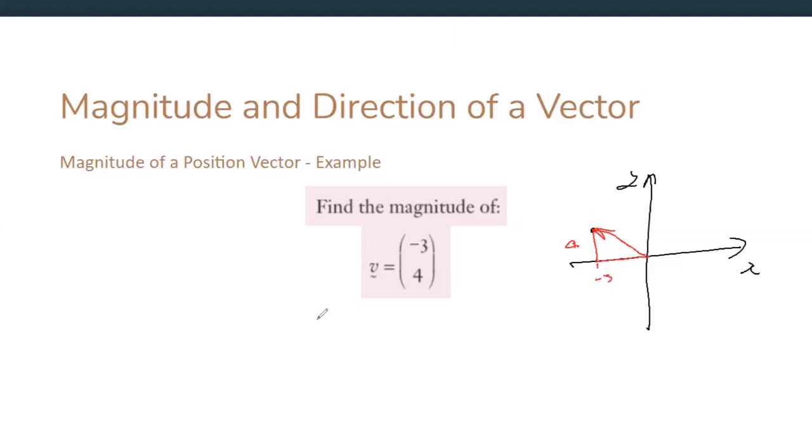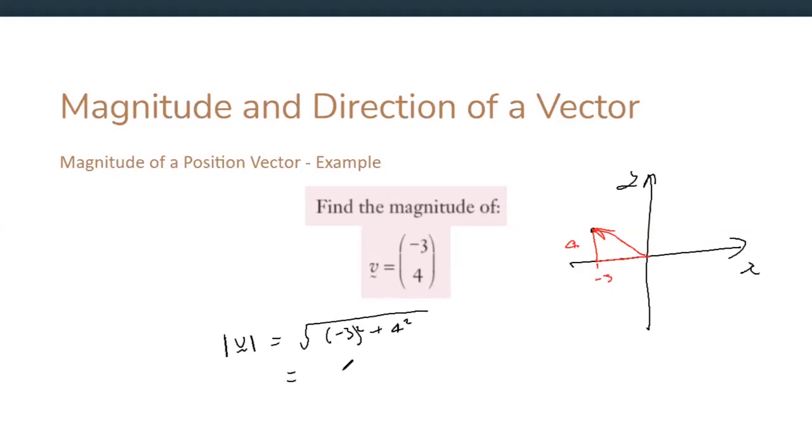So what we're going to do now is set the absolute value of v, i.e. the magnitude. So the magnitude of v is going to be the square root of (-3) squared plus 4 squared, using that formula from before.